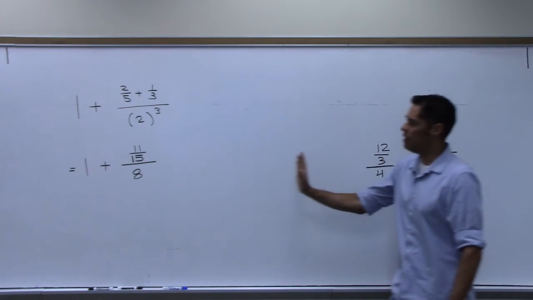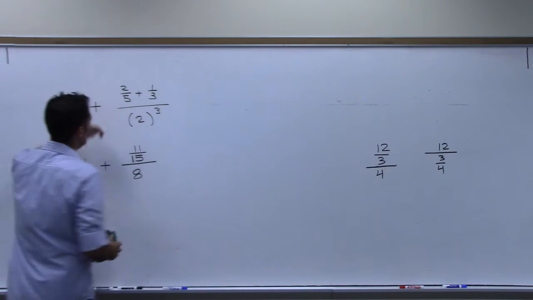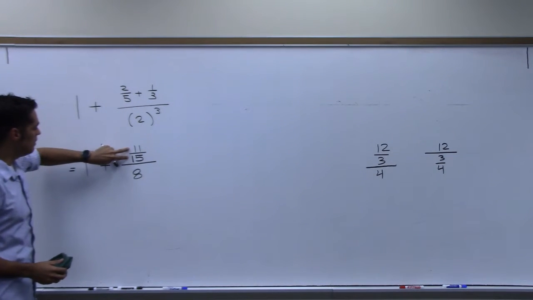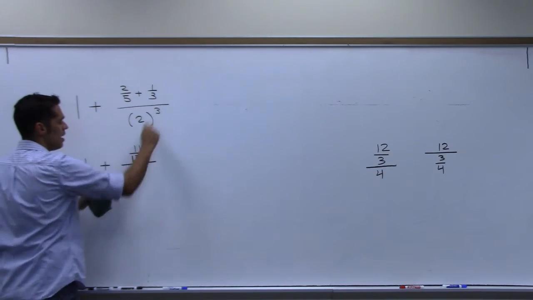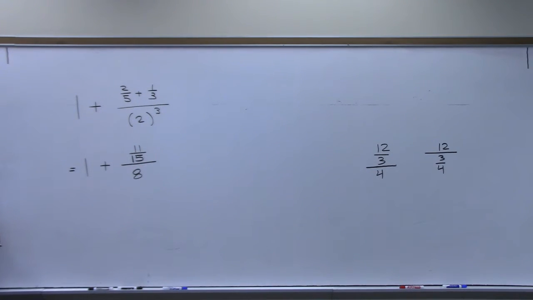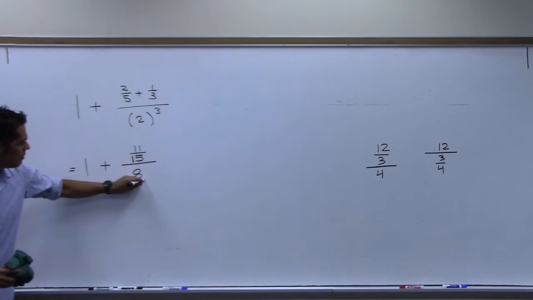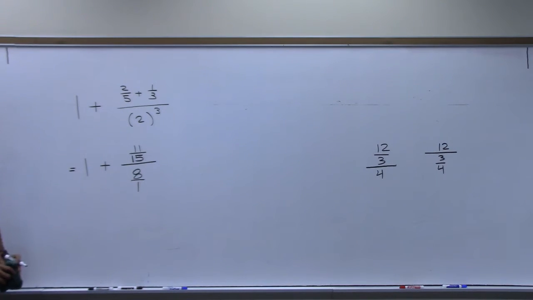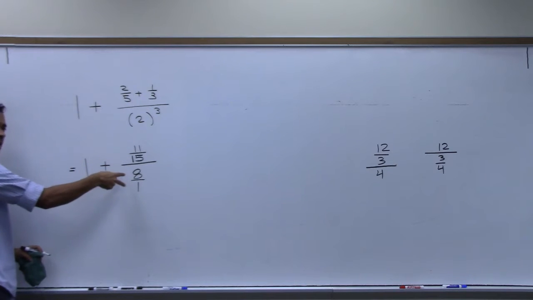So when we did this, we got this fraction up here, 11/15. And then this bar right here is going to be the big bar, and below it we have 8. I'm going to rewrite 8 as 8 over 1. Now you can see that this is a fraction divided by a fraction.